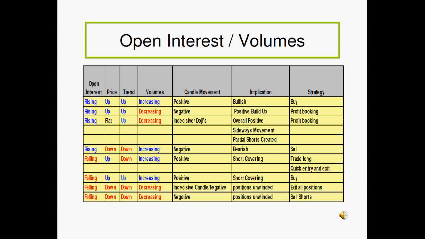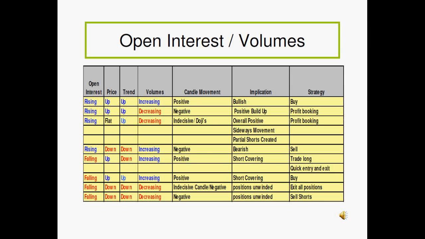The contract is about to expire, so there is exiting of all positions. In the last case, falling down, decreasing, negative position. When there is a sharp fall also, you can take it as unwinding of position. That depends on how smart and quick a trader you are.